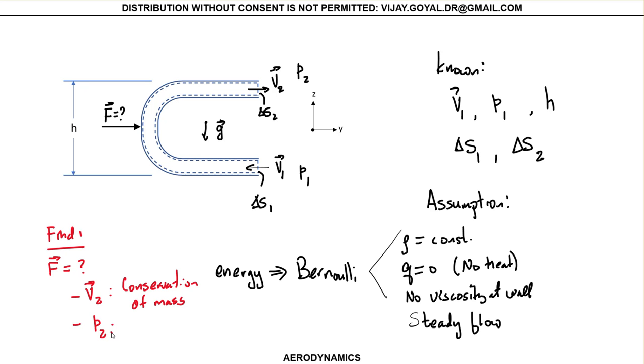And then to find P2, I could use the Bernoulli equation. The Bernoulli equation will let me find the pressure that I'm looking for. And then how do I find this one? This one will use the conservation of momentum.